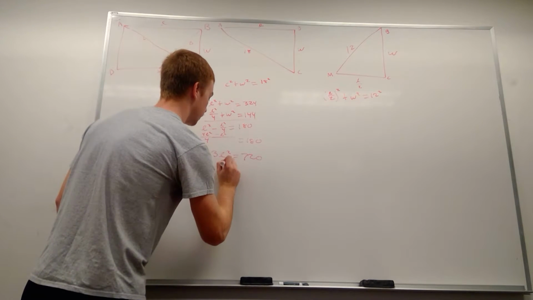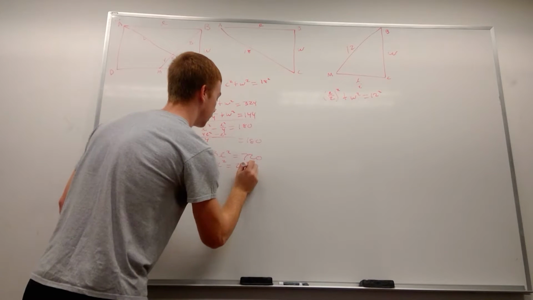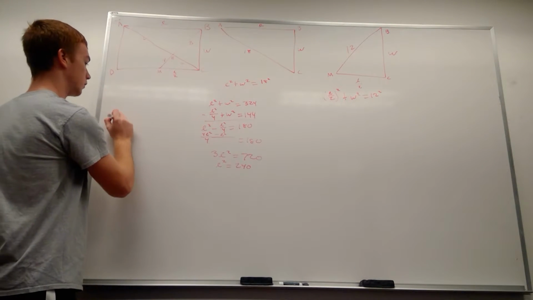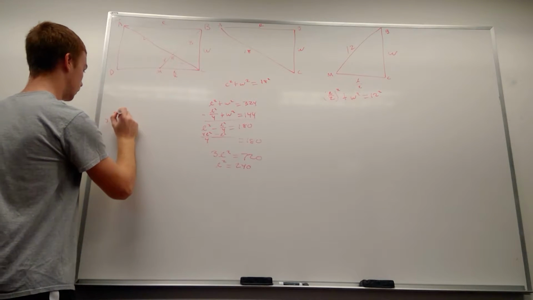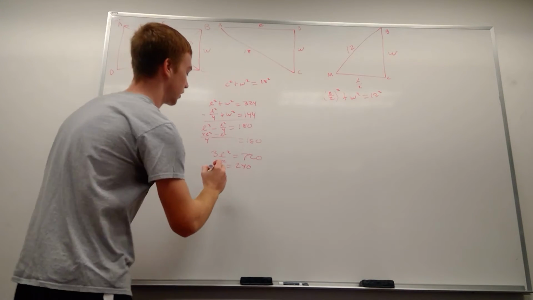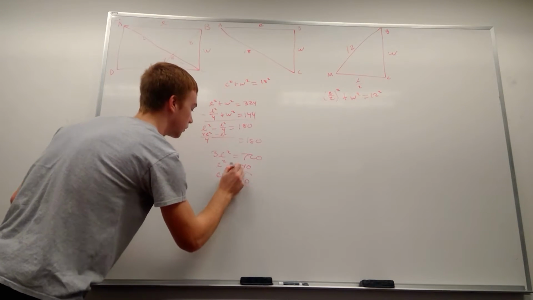Divided by 3, L squared equals 240. Yep, 240, just double checking. So then we have L equals the square root of 240.